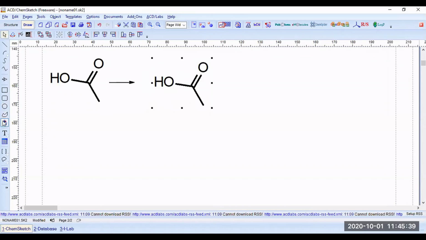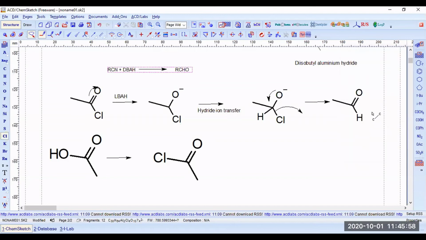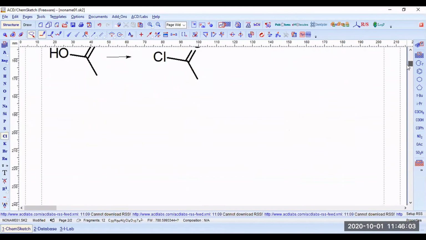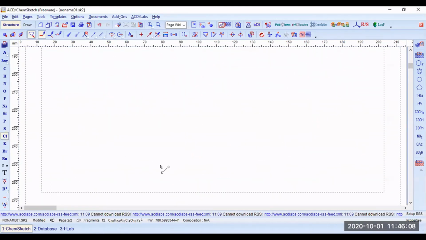This acetyl chloride, you are treating it with our reagent that is called LBAH, and the same reaction will continue and you will finally get acetaldehyde. Acetic acid to acetaldehyde conversion. It looks simple, but you should understand it well.